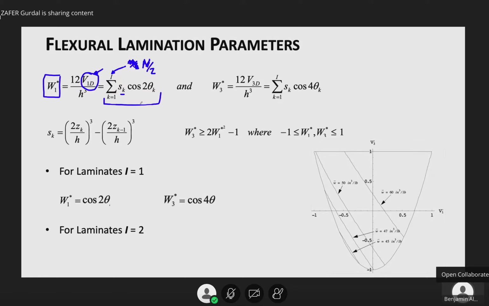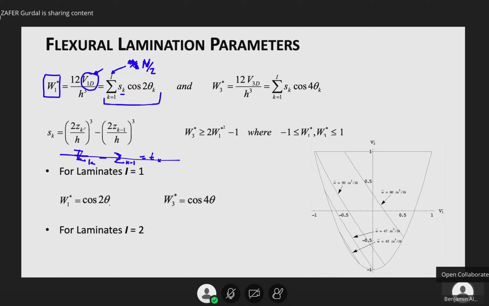So the thicknesses between the different plies, Zk minus Zk minus 1, was the thickness of the Kth layer. This is not true anymore. It really has position information with cubic terms.